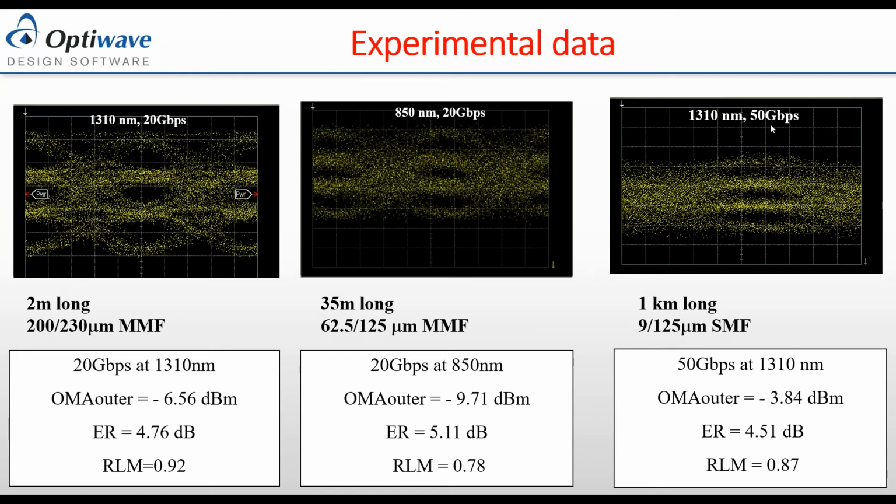With that, when you drive them, the 25 gigabit QSFP gives us an eye diagram that allows 50 gigabits per second or 25 gigabaud, at 1310 nanometer, over a distance of 1 kilometer.